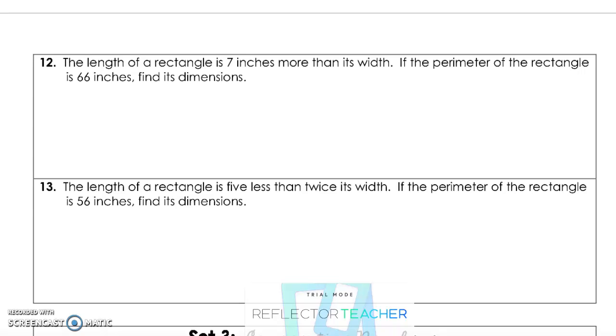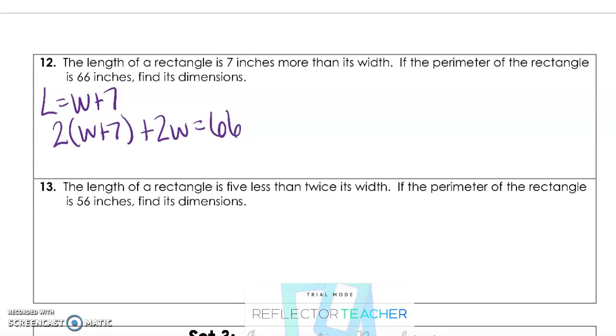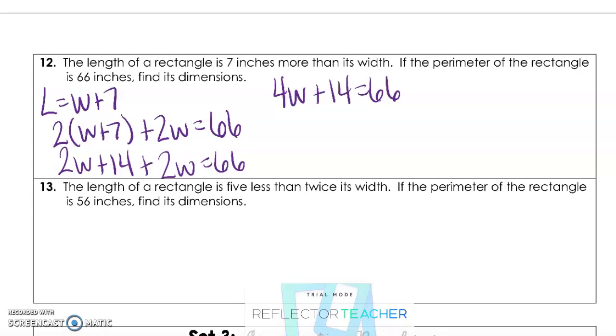Number 12, the length of a rectangle is 7 inches more than its width. So L equals width plus 7. So 2 times w plus 7 plus 2w is equal to 66 in this case. 2w plus 14 plus 2w equals 66. 4w plus 14 is equal to 66.